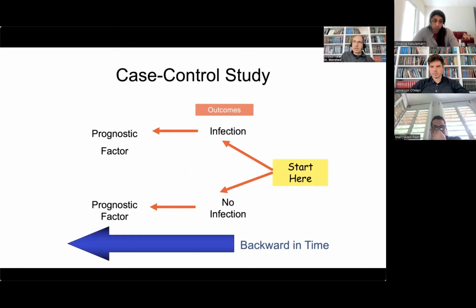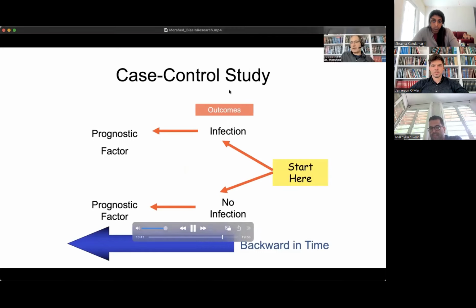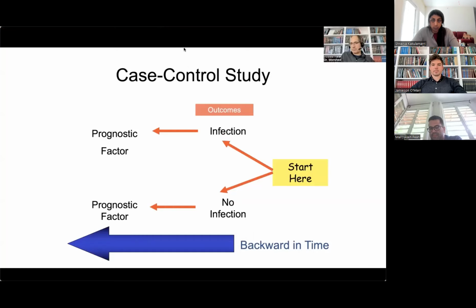And I see these terms confused a lot in the literature, and I want to make sure that you understand the difference between a retrospective cohort study and a case control study, which is also a retrospective design. The case control study is a special case of a retrospective study design that identifies patients based on their outcomes, right?